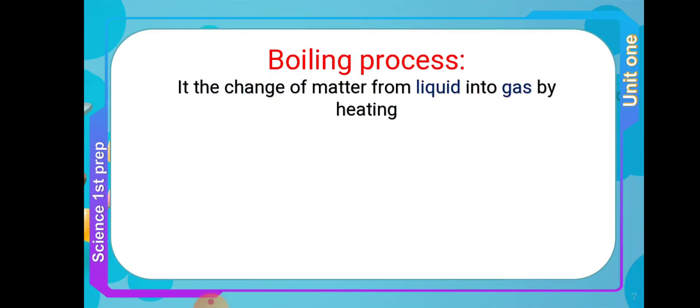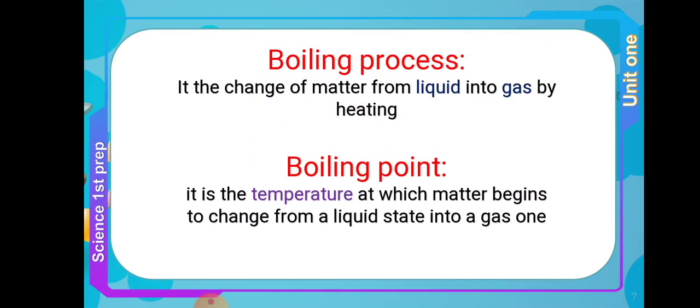Then we are going to study boiling point. As we know, the boiling process is the change of matter from liquid state into gaseous state by heating. But the boiling point is the temperature at which matter begins to change from liquid state into gaseous state.